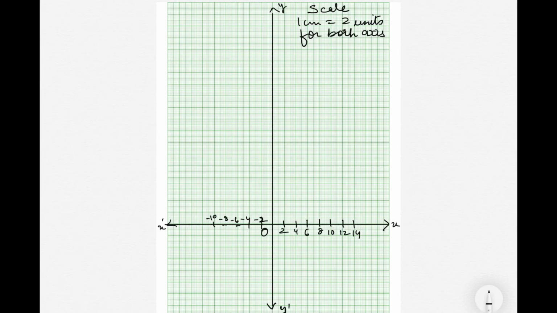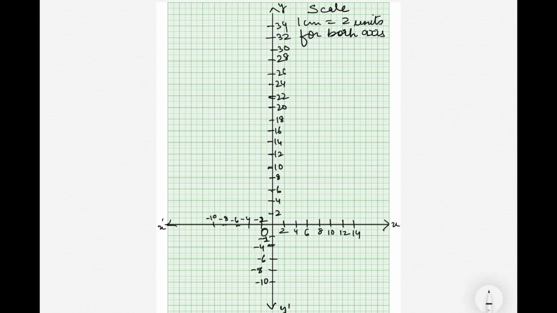Then on the y-axis, this would be 2, 4, 6, 8, 10, 12, 14, 16, 18, 20, and so on up to 34, and minus 2, minus 4, minus 6, minus 8, minus 10 below.